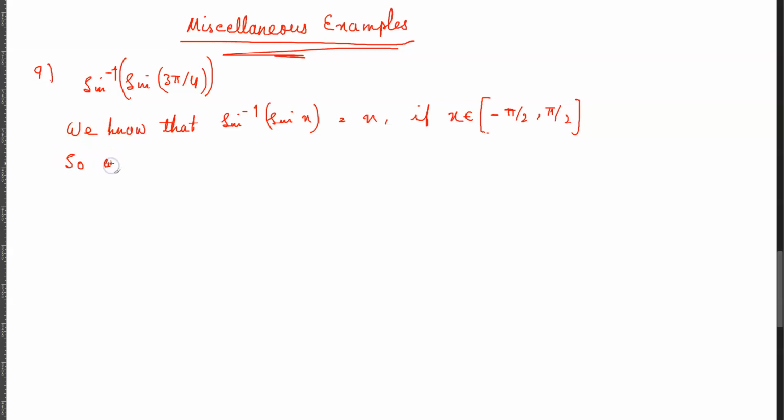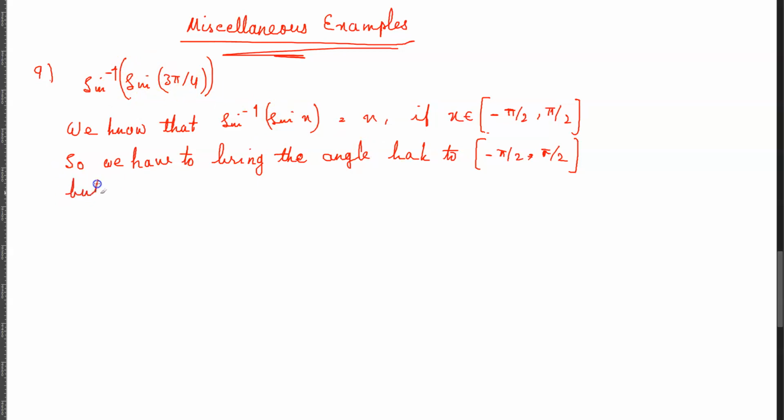We have to bring the angle back to negative pi by 2 to pi by 2, but also the trigonometric ratio has to be sine.